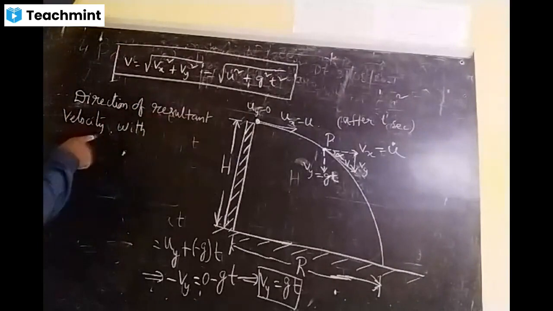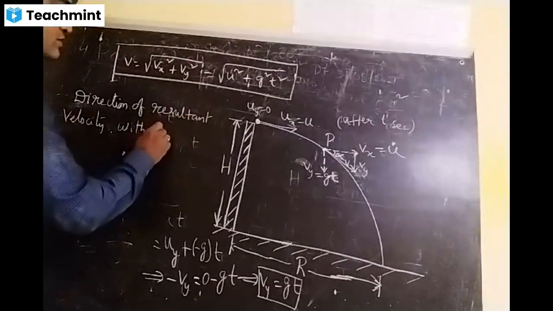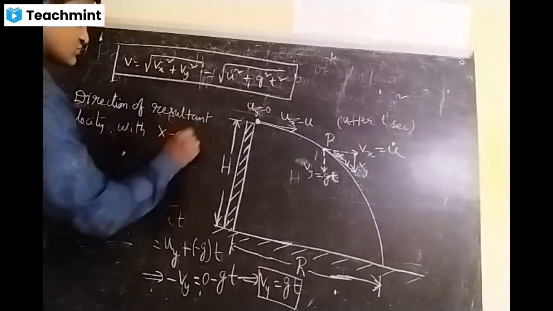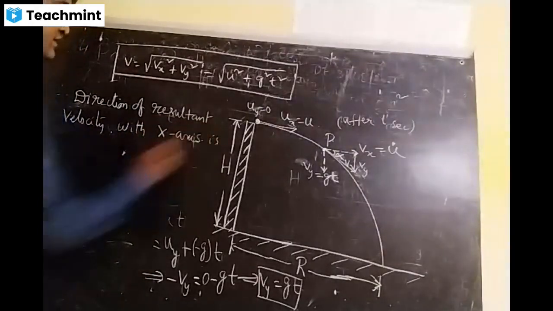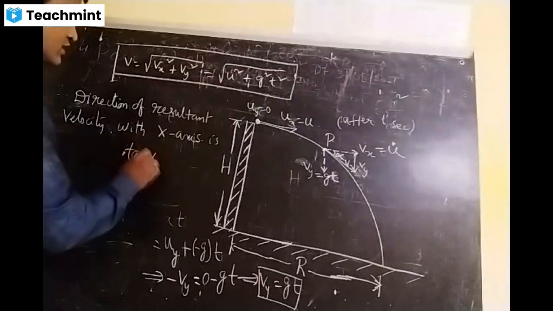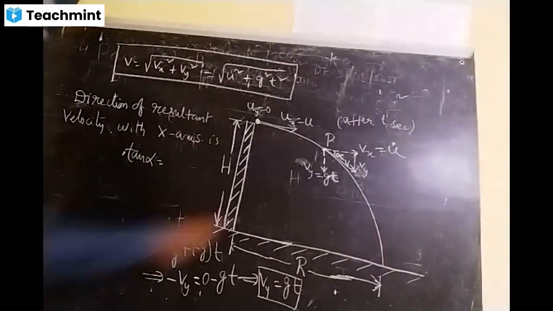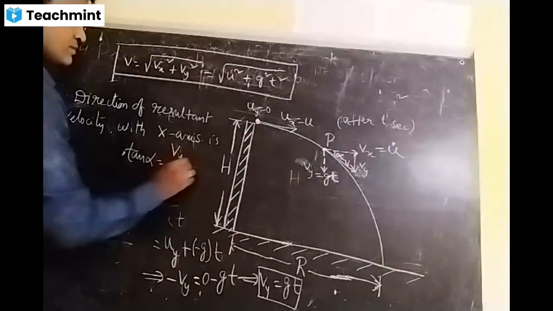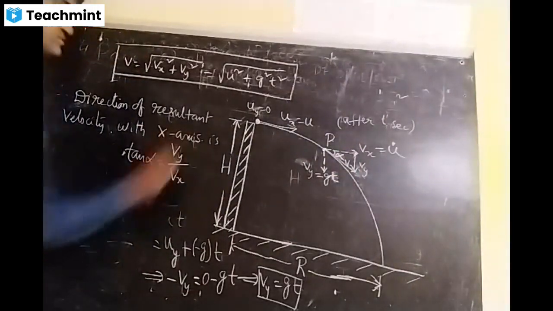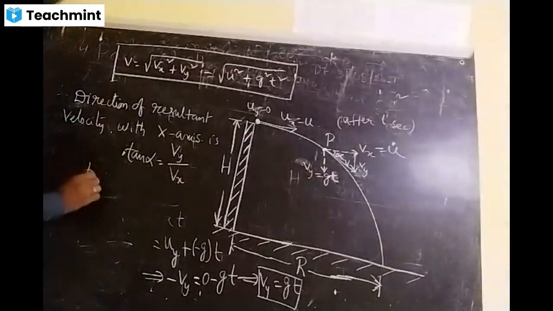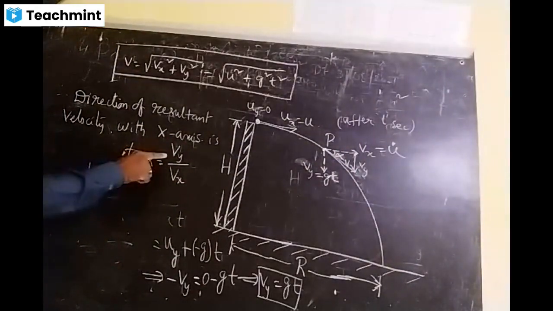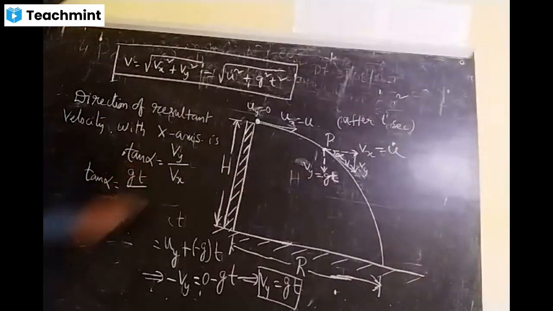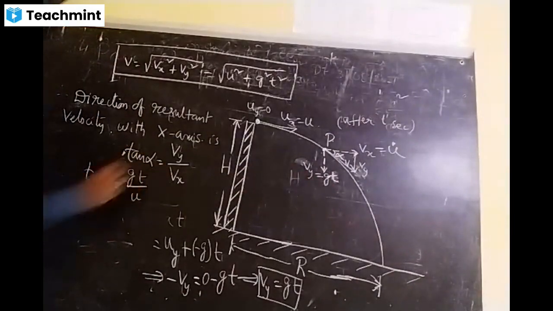Direction of resultant velocity with the x-axis. What I can write is tan alpha is equal to opposite side by adjacent side. Adjacent side is Vx. So tan alpha is equal to Vy by Vx. Vy value is gt and Vx value is u.